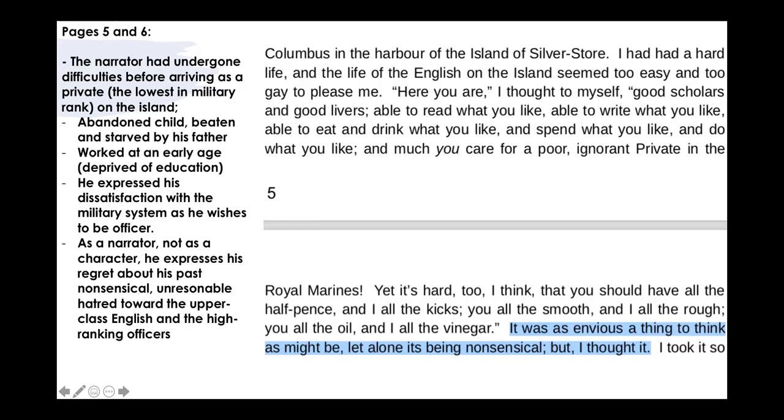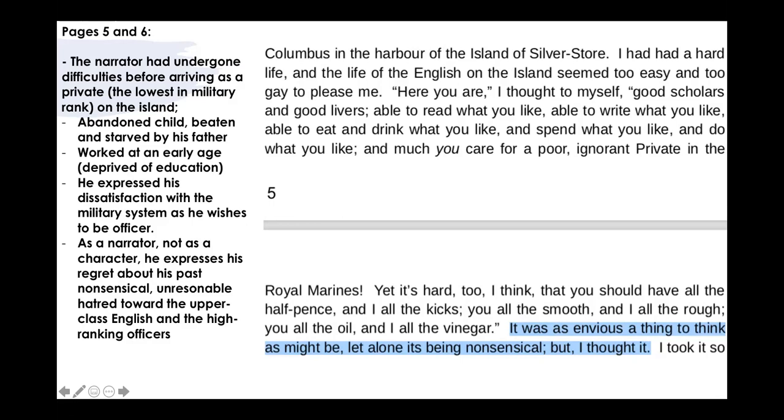Able to eat and drink what you like, because they were taking advantage of the island that they colonized, and spend what you like, and do what you like, and much you care for a poor, ignorant private in the Royal Marines.